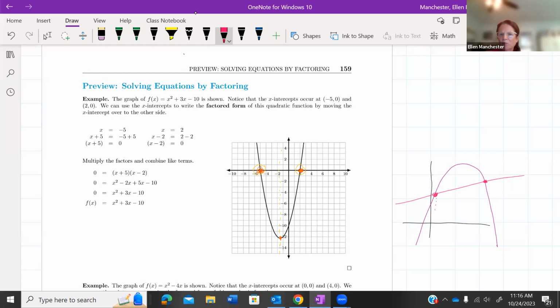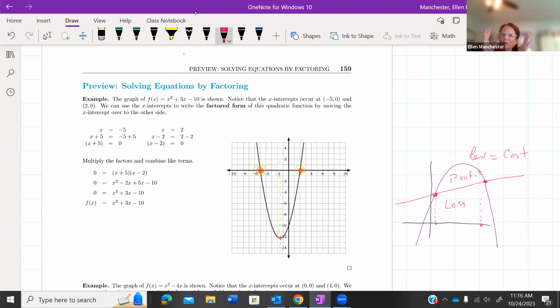Because if I bring these down, they cross the x-axis right here. These are my break-even points. This is where the revenue equals the cost. So above the cost line is my profit. Below the cost line is my loss.